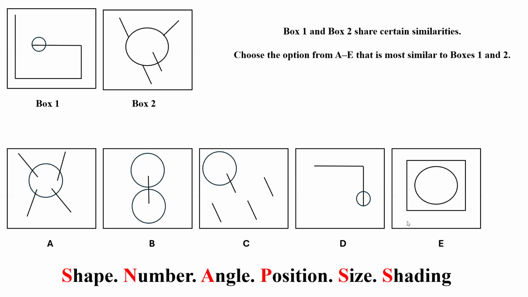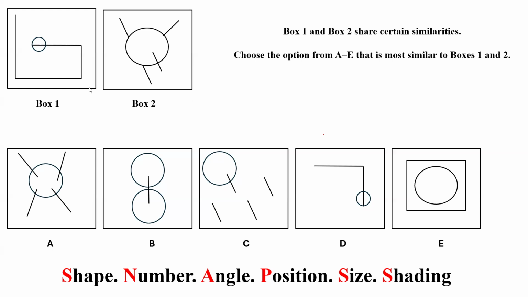So at first I immediately realized that it can't be E, because instead of there being lines which are connecting, like box 1 and box 2 are, there's a circle inside and a square outside of the circle, and there aren't for the others.